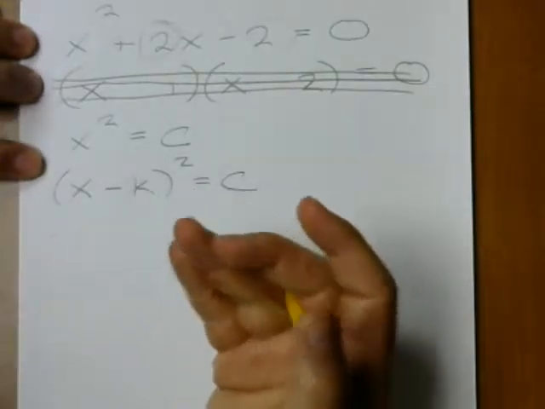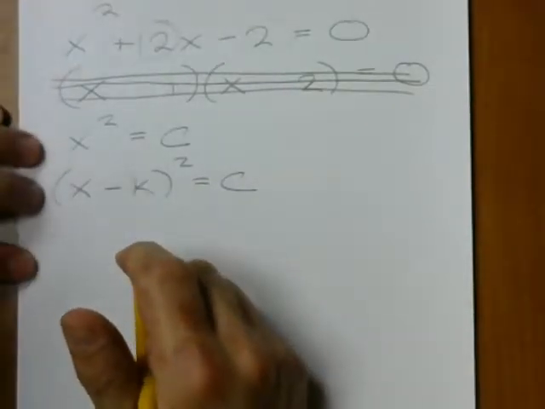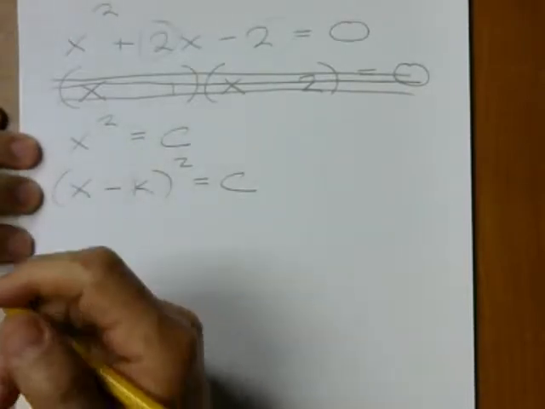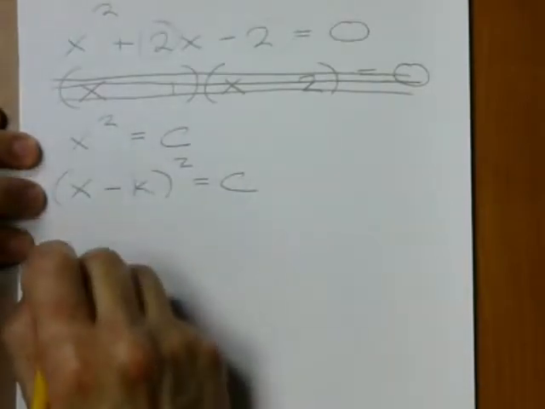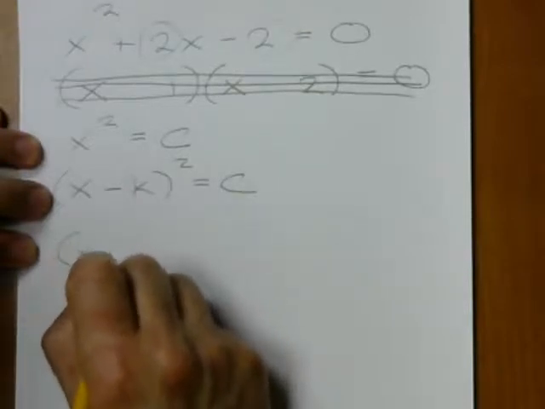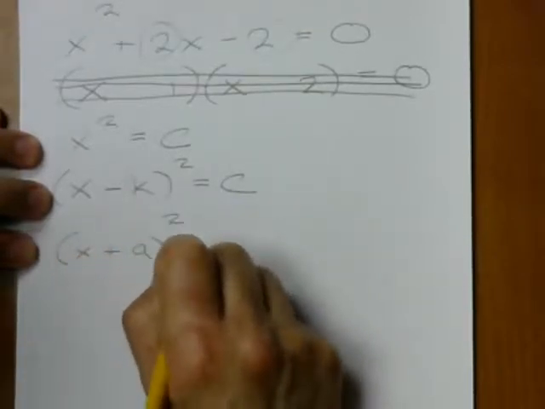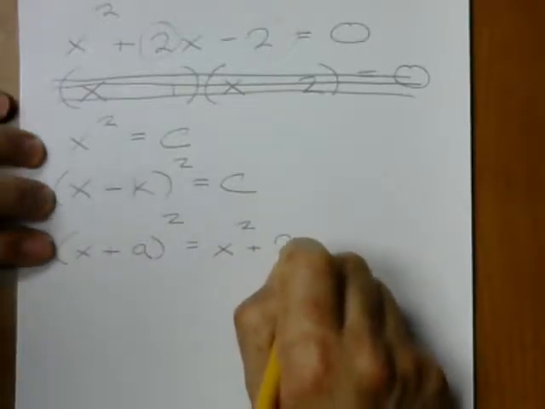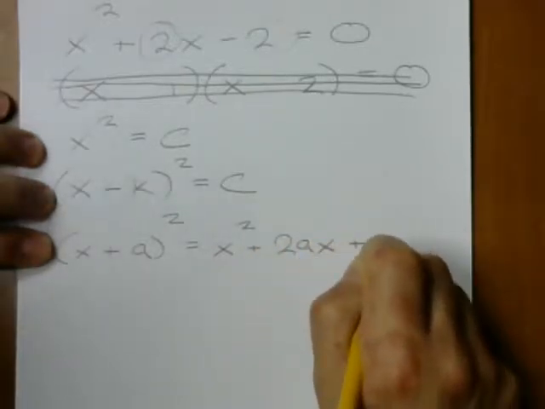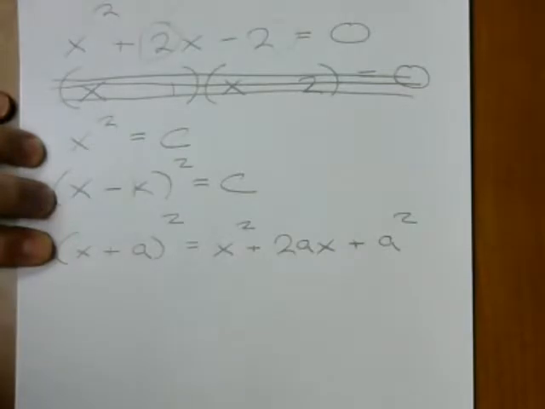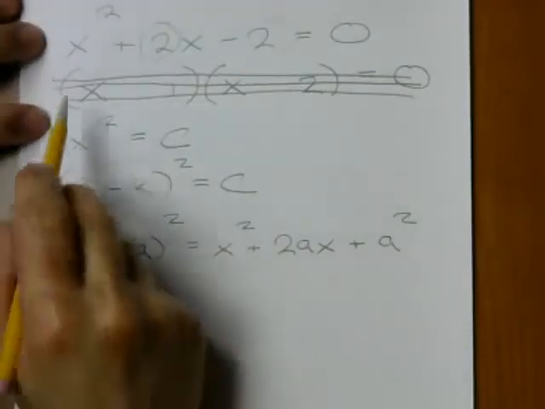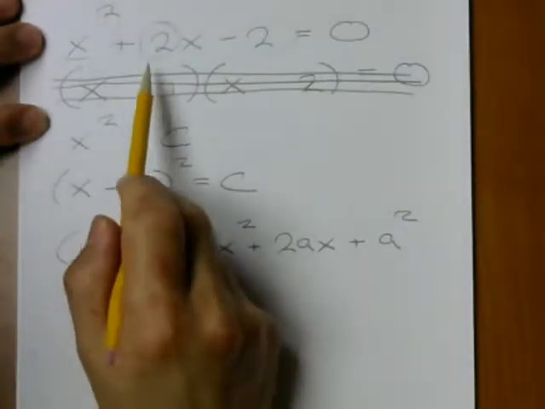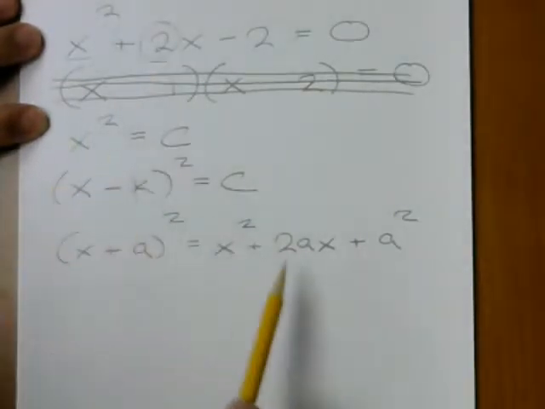So what might I be able to do? Well, let's think about that. I have a rule that tells me that x plus a, squared, is x squared plus 2ax plus a squared. So here I have x squared plus 2x.